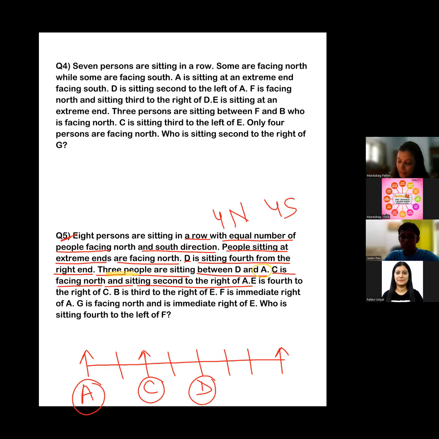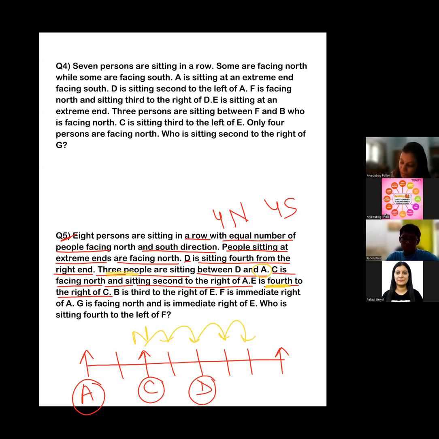Next is E is fourth to the right of C. Again, we can clearly see that C is facing north. So the right of C will be this position 1, 2, 3, and it is given fourth to the right of C. So fourth is this place.